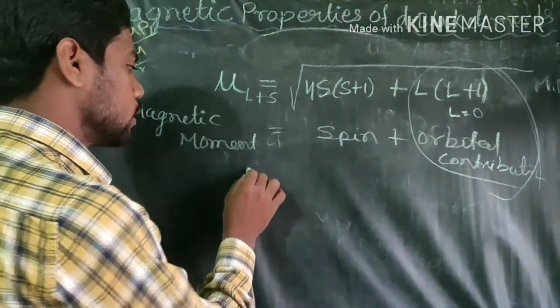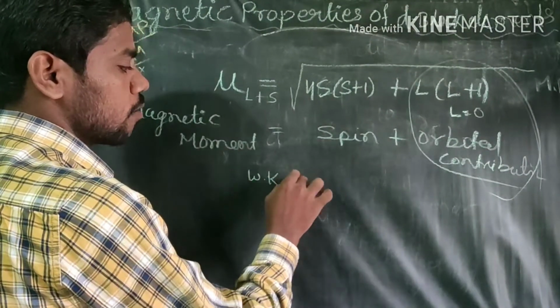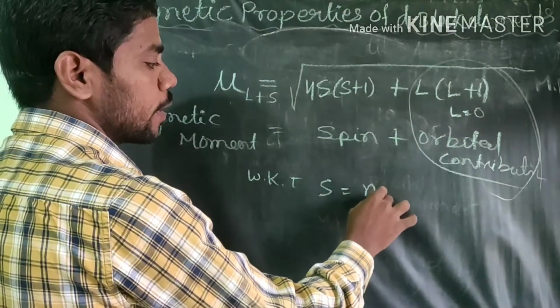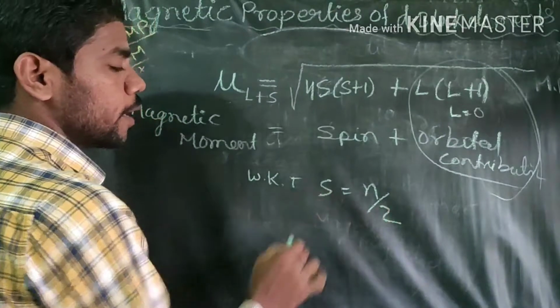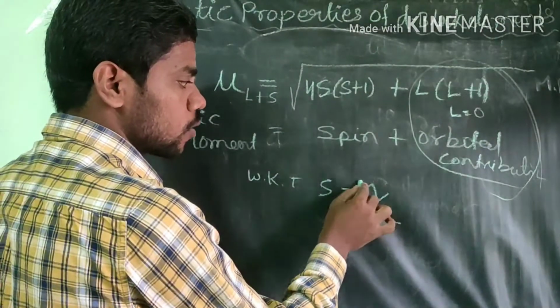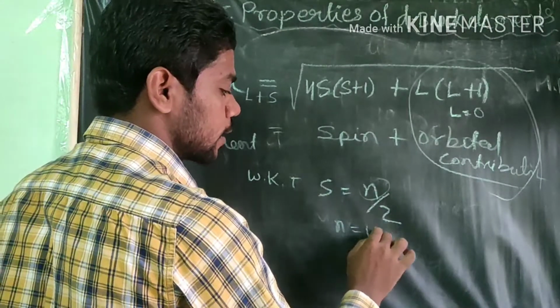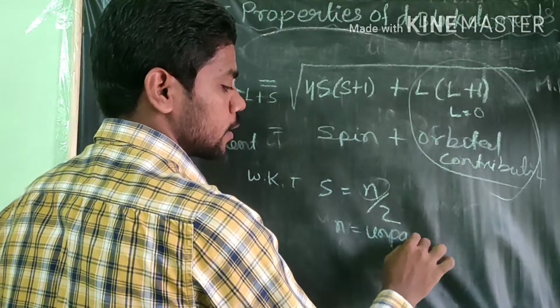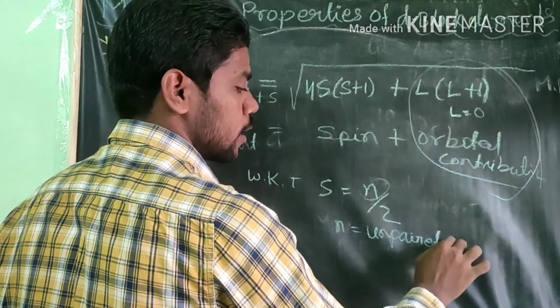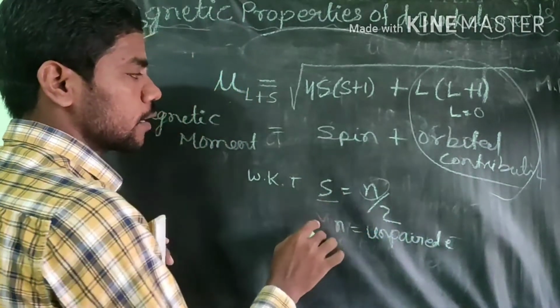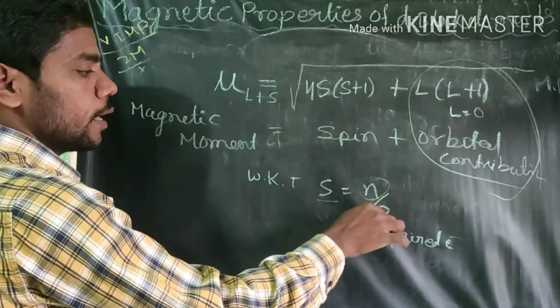Next, we know that the spin of an electron is given by n by 2. What is the spin? The spin contribution, what is meant by n? N means the number of unpaired electrons. Therefore, the spin is given by n by 2.